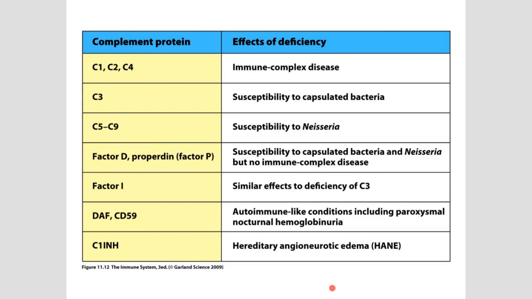So C3 is a very important complement. And if a person doesn't have that, it says susceptibility to capsulated bacteria. If a person has a deficiency from C5 to C9, the person has susceptibility to Neisseria. And Neisseria is an important bacteria. We'll discuss that in detail.